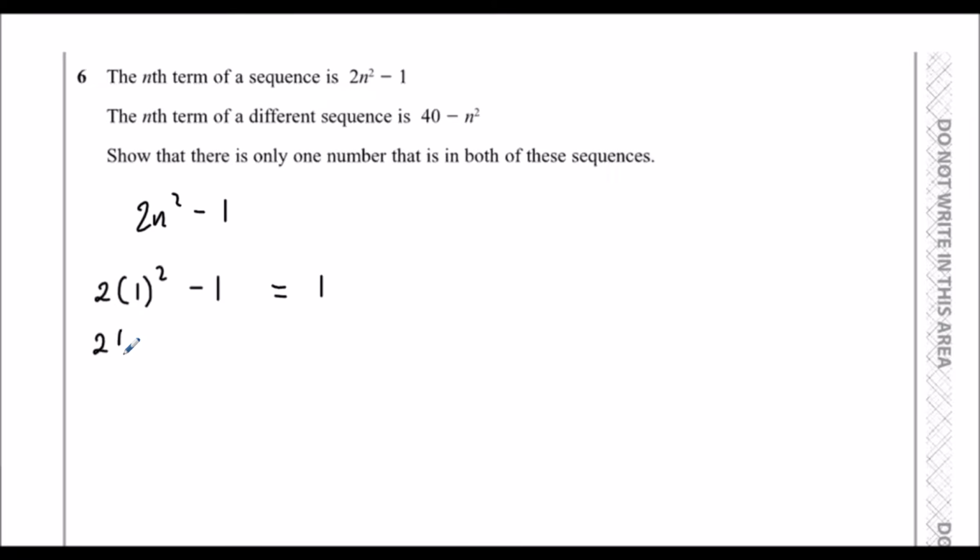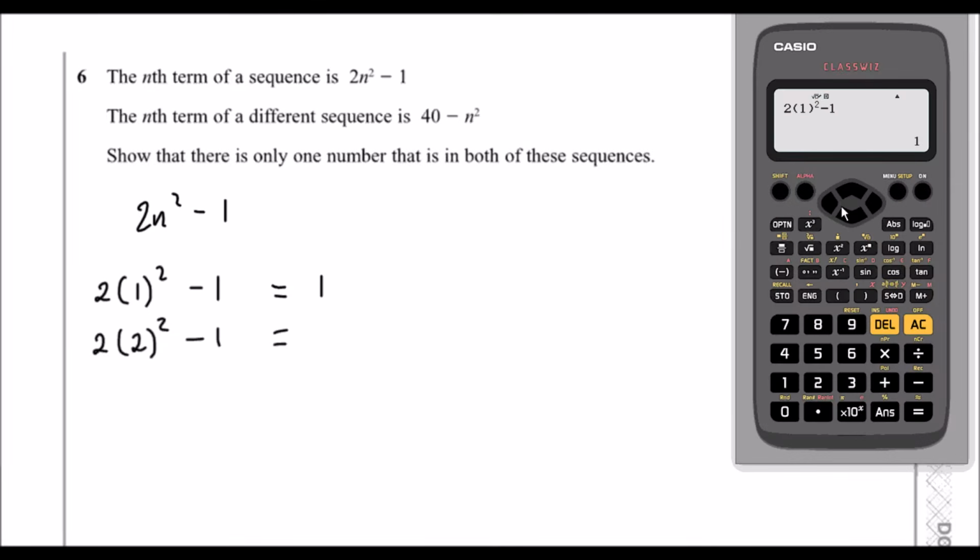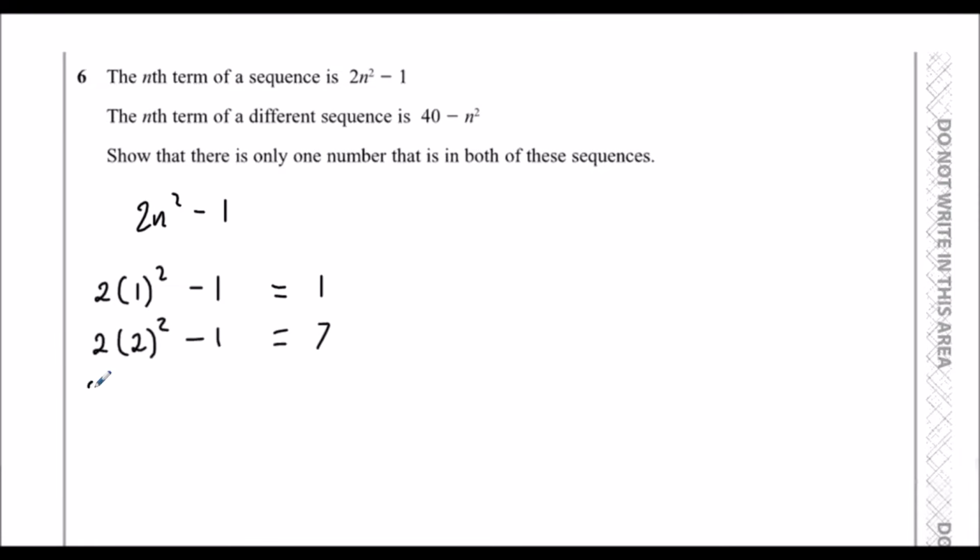The second term, 2 times 2 squared minus 1. So change our 1 into a 2. So that's a 7. Then 2 times 3 squared minus 1.